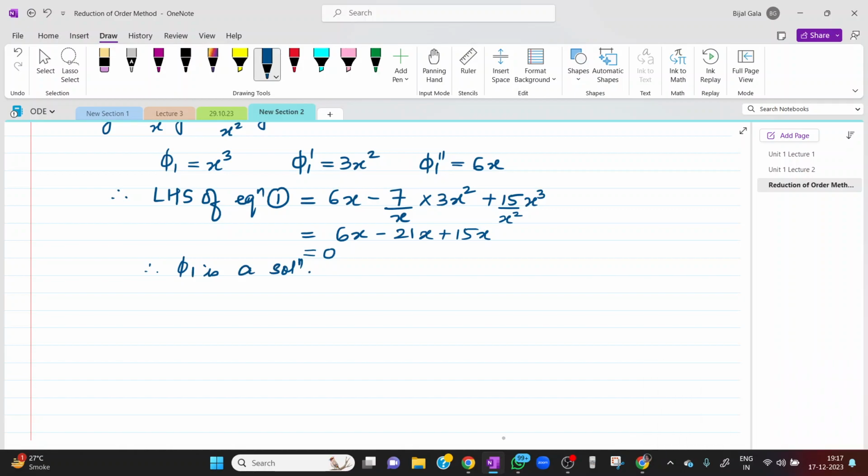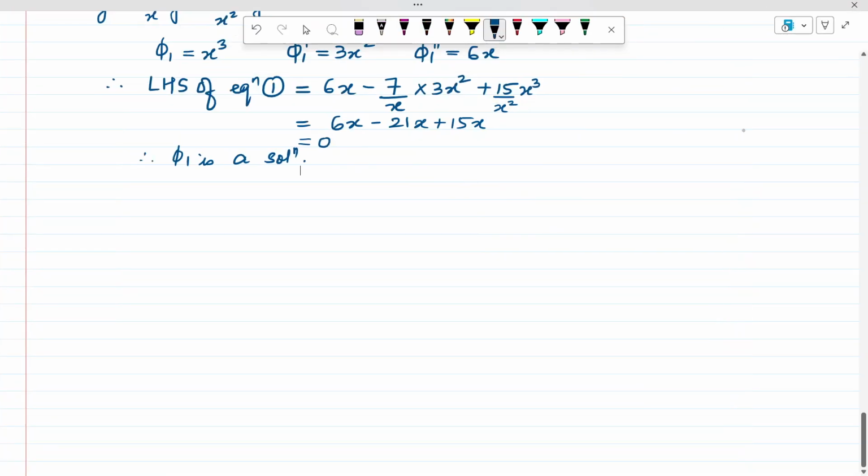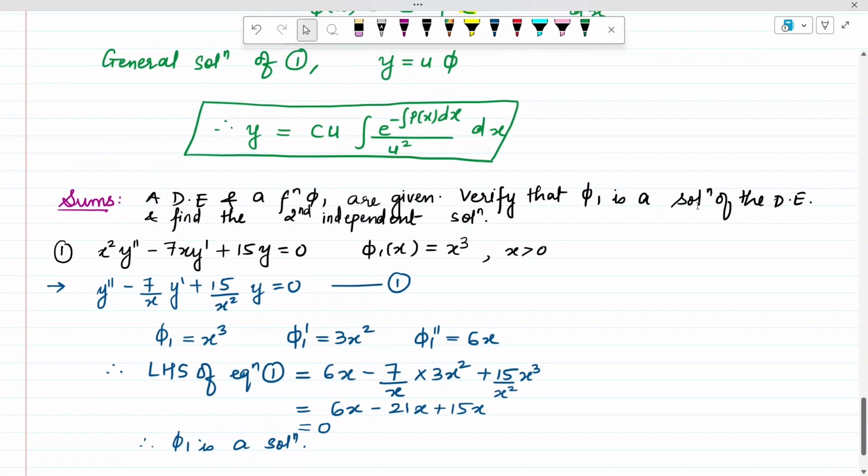Now, can you find phi 2 on your own? Come on, class. Give it a try. The formula is here.